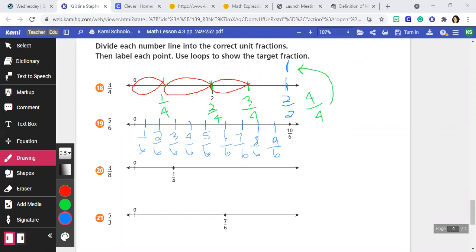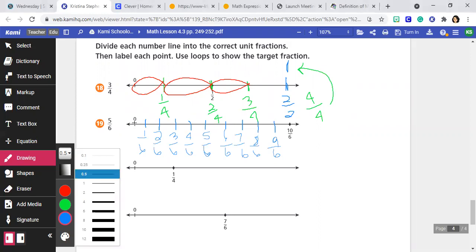I only knew where 0 was. So I counted from 10, 9, 8, 7, 6, 5, 4, 3, 2, 1, 0. That's the strategy that I used to make my line segments here, to divide this number line into the correct unit fractions. I then went in and labeled each point.